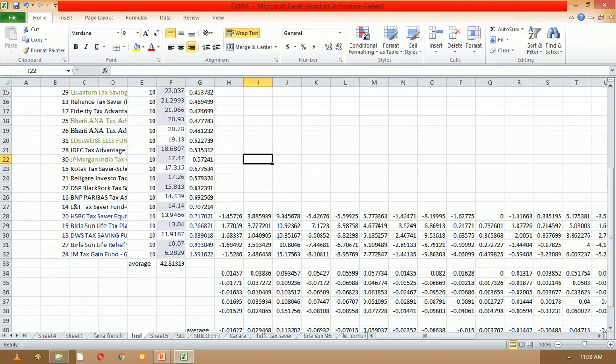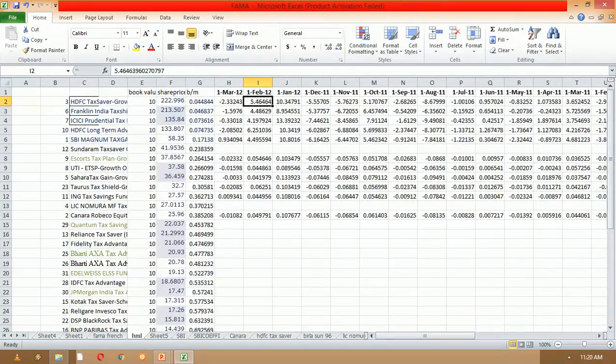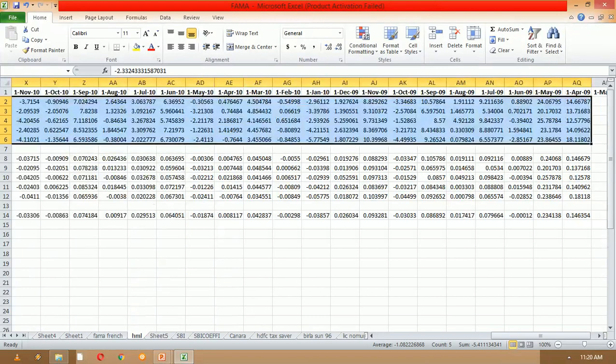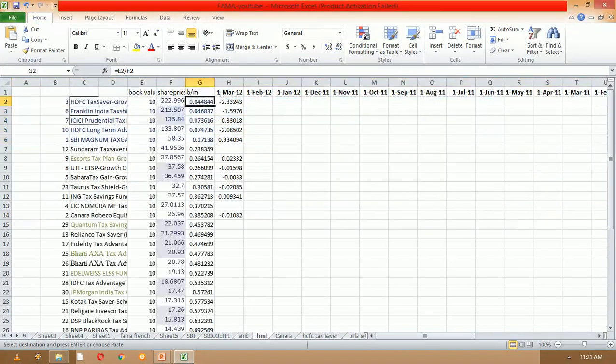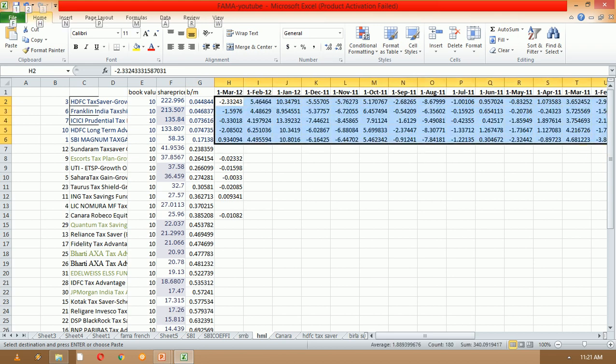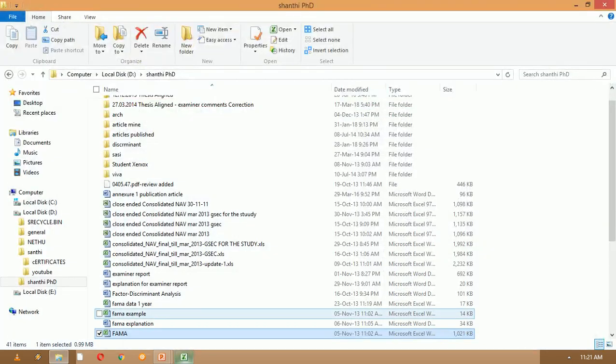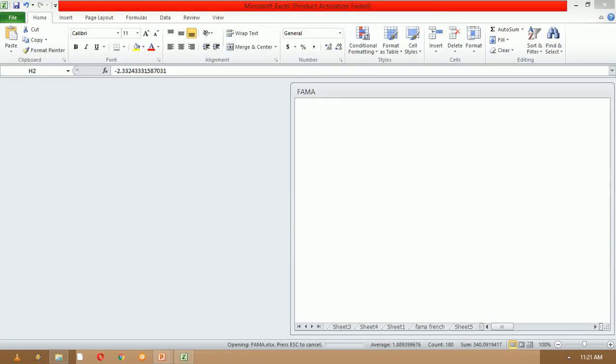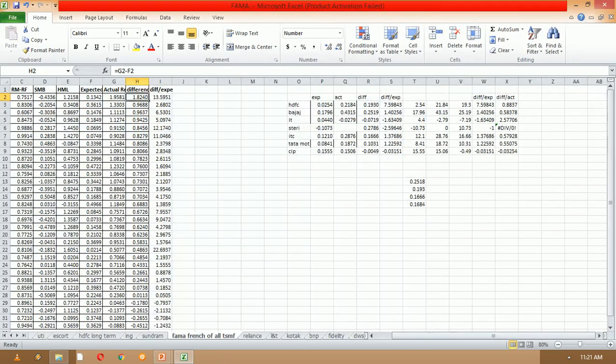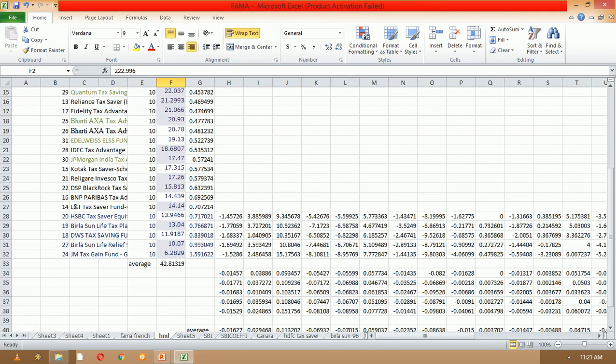Like that you also need to calculate the return of all the funds, and same thing for higher performing funds also, the higher performing funds return.